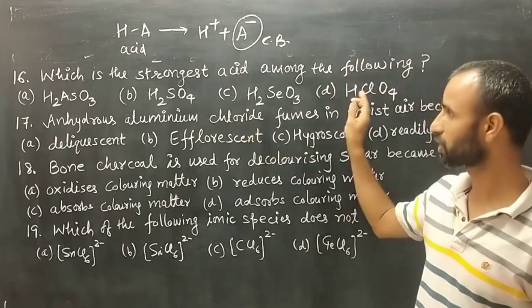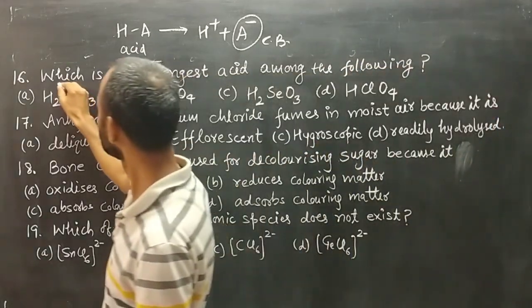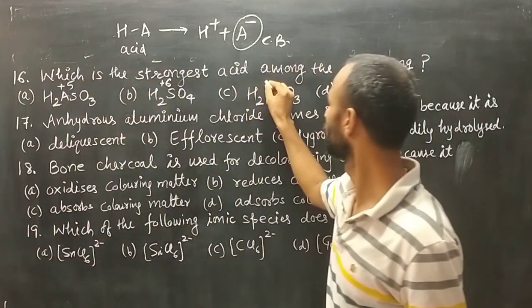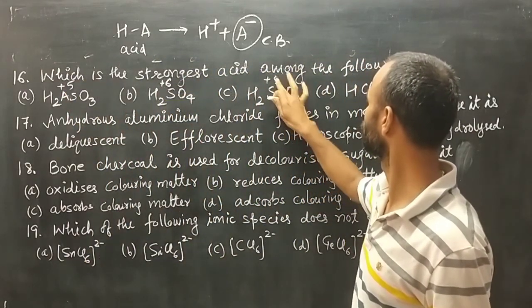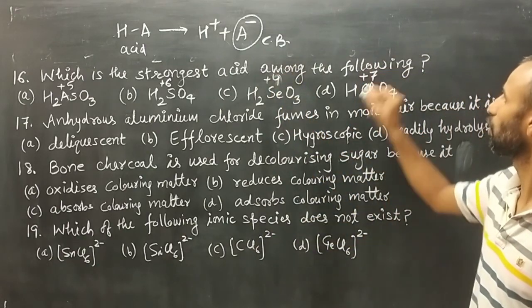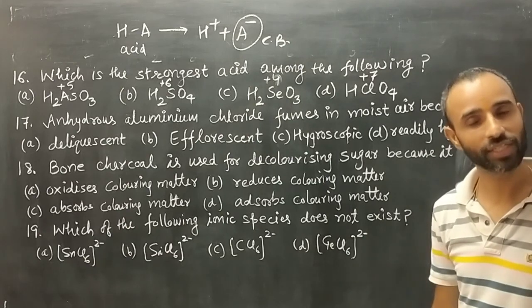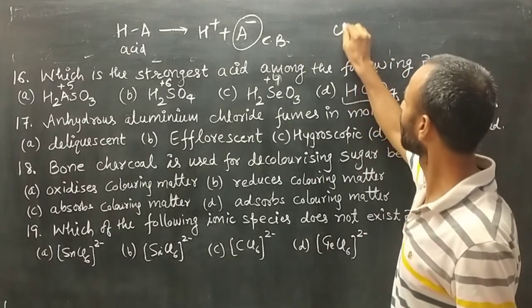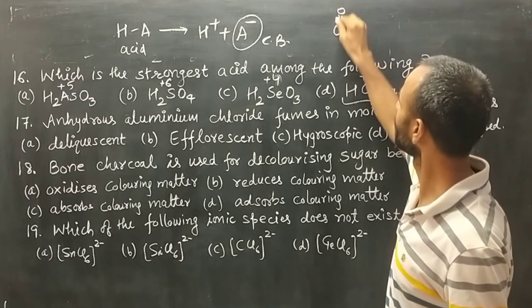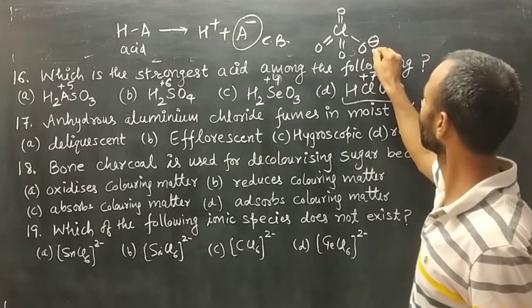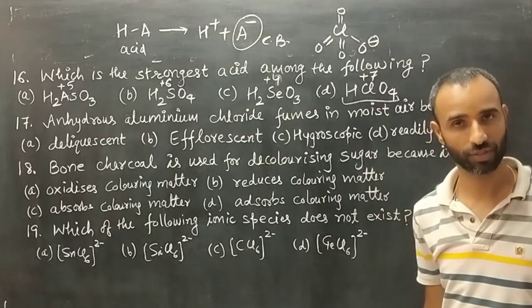If we see the oxidation numbers, here it is plus 5, plus 6, plus 4 and plus 7. So the oxidation state tells the story. This is more stable, and at the same time, in ClO4 negative, the negative charge is delocalized on 4 oxygen atoms.